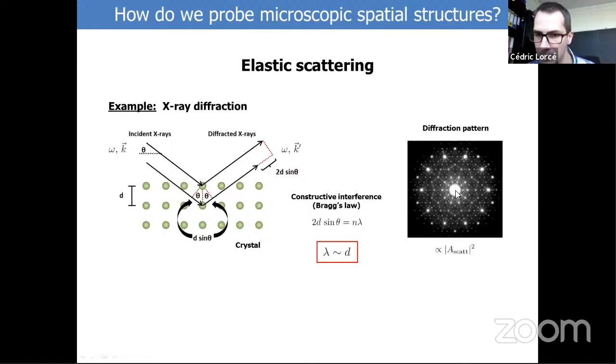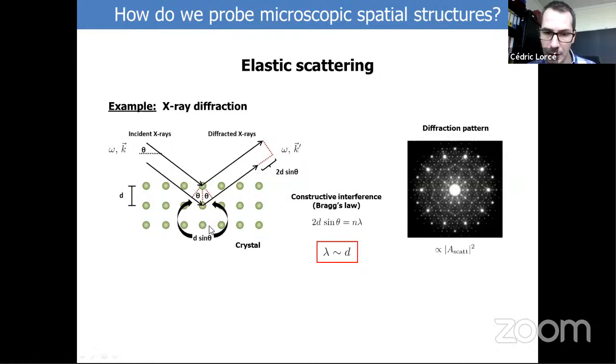This one is simulated, but the experimental ones are close to that one. And typically to reveal such a structure, you need the typical scale of the probing system, so essentially here the wavelength of your initial X-rays, to be of the order of the distance between the two ions in the system.